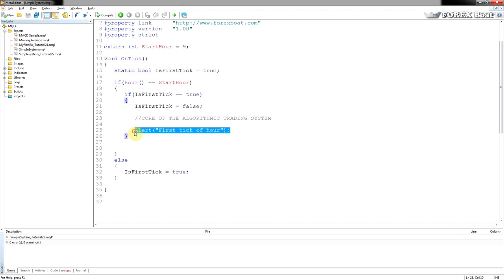We had this alert for testing purposes, and testing was successful, so we'll get rid of it now to preserve space, and it has no function anymore. Where you see this comment, the core of the algorithmic trading system, that's exactly where we will be coding today. So I'll remove that for now. We don't need that as well. So here, this is where we'll be writing our code.